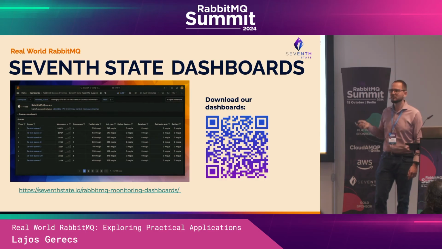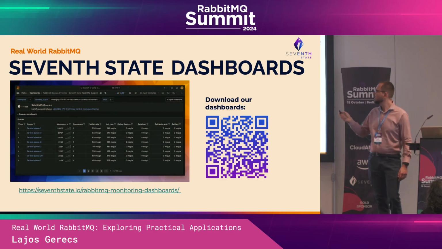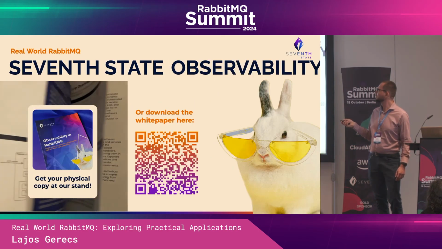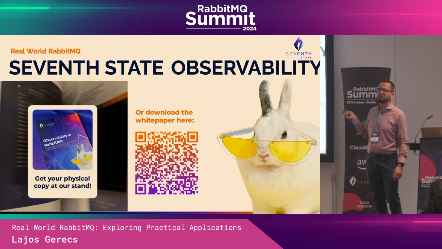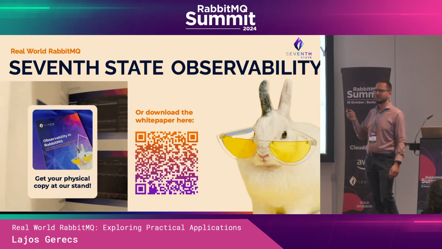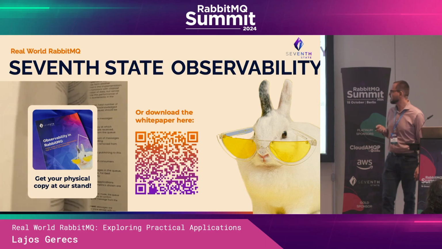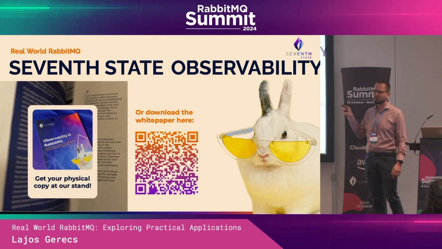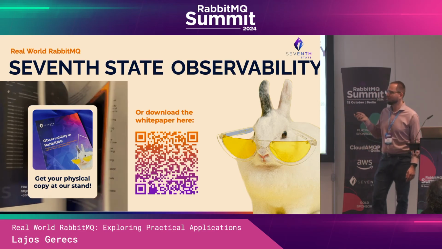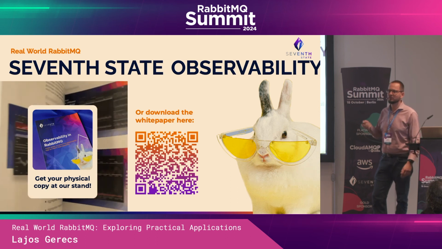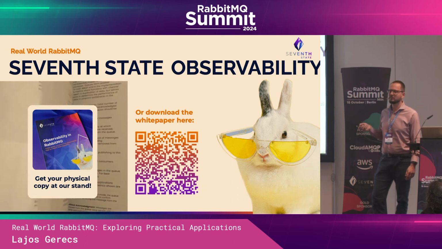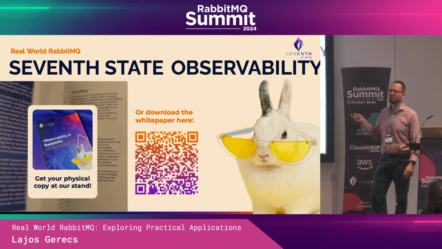We try to put the metrics there. We also have an observability guide. You can get a copy at our stand, or you can download the PDF from our website as well. We wrote up the main points of how to monitor RabbitMQ with Prometheus and Grafana.